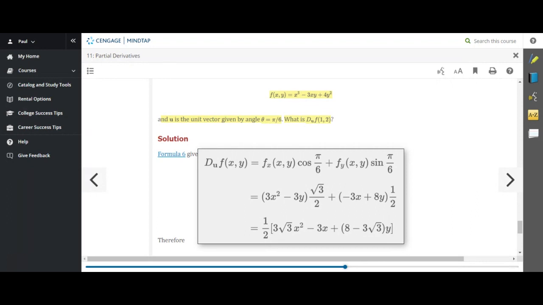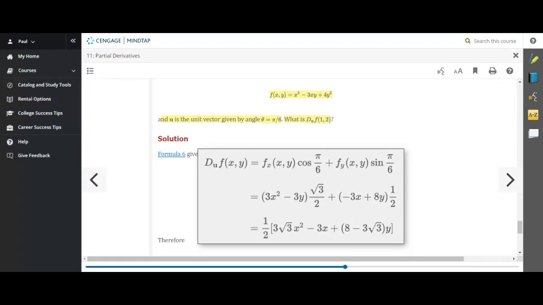So naturally the answer is going to involve radicals, square roots, not decimals. And WebAssign will want that, and the exam will want that, and I will want that. All right, so this is the directional derivative.